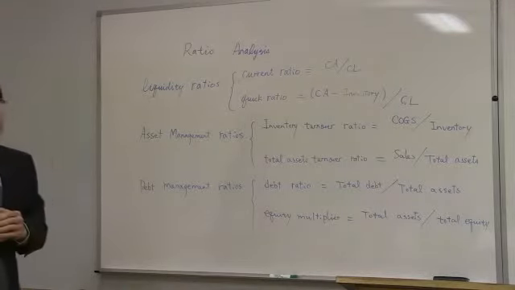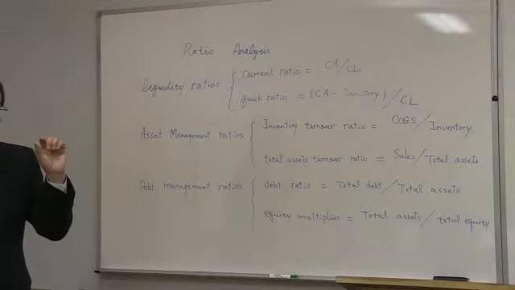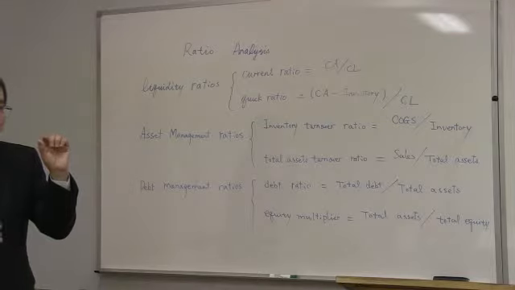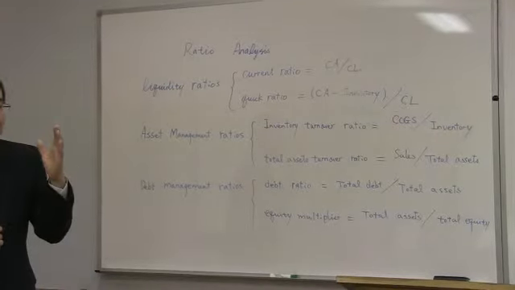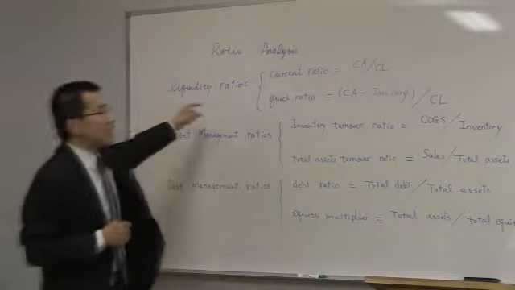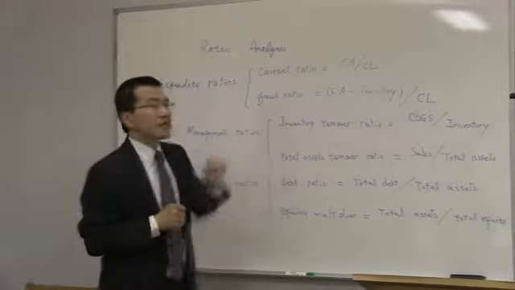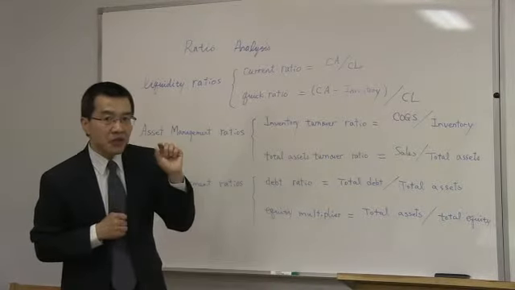The first category is the liquidity ratio. The liquidity ratio is saying, in the short run, if the company wants to pay its bills, will it have enough liquid assets or not? That is what the liquidity ratio will tell you. The first liquidity ratio is the current ratio.